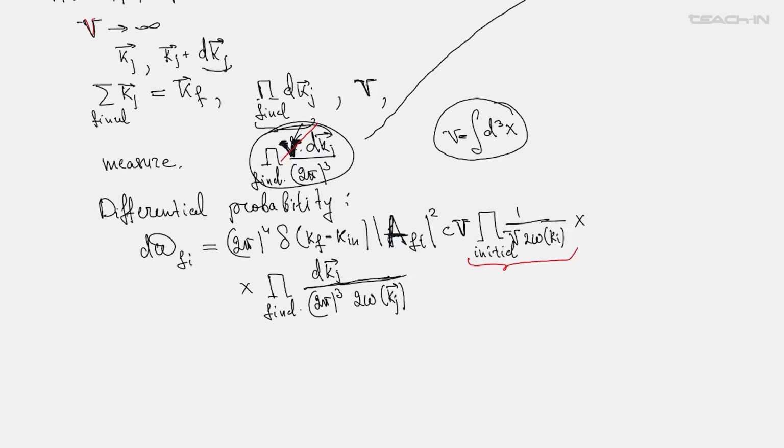That's why it is important to be able to take the factors of volume out in the final formula, which you need to compare to the results of the experiment. Okay, so we have not yet finished. This differential probability is not yet the quantity you want to compute for the experiment.